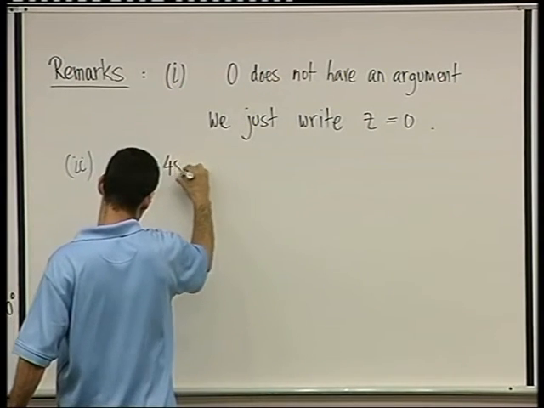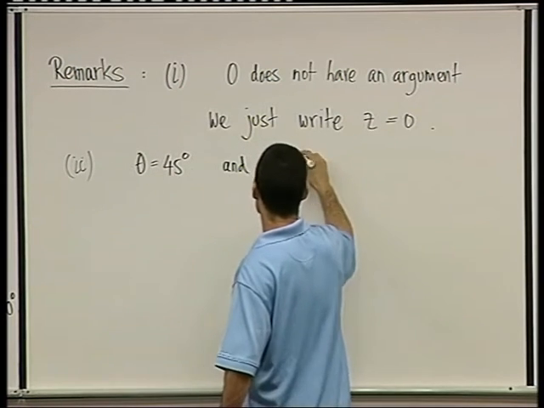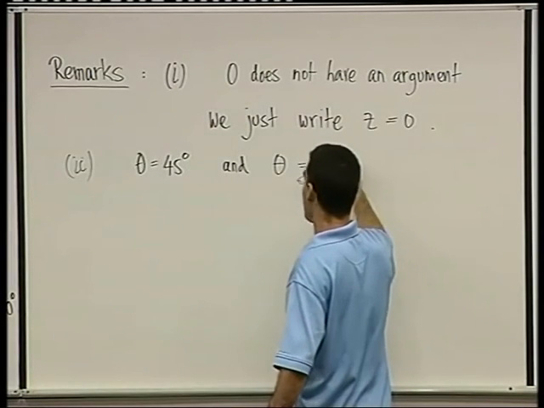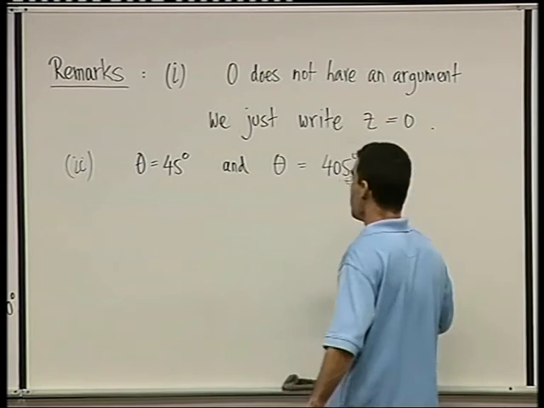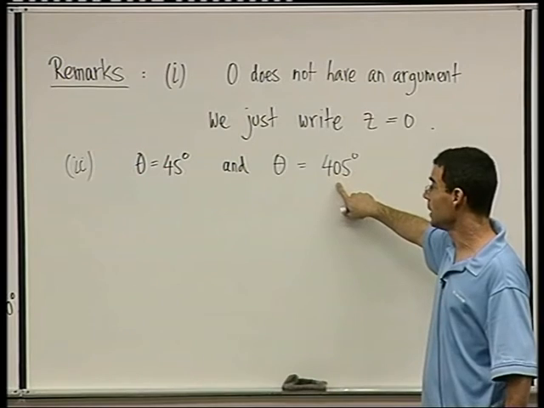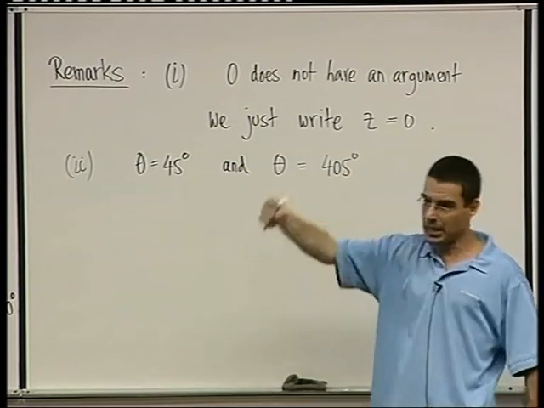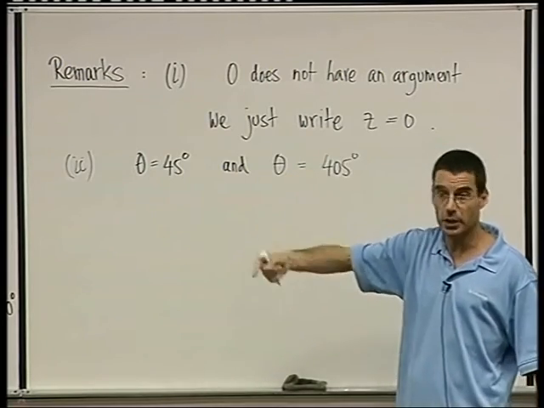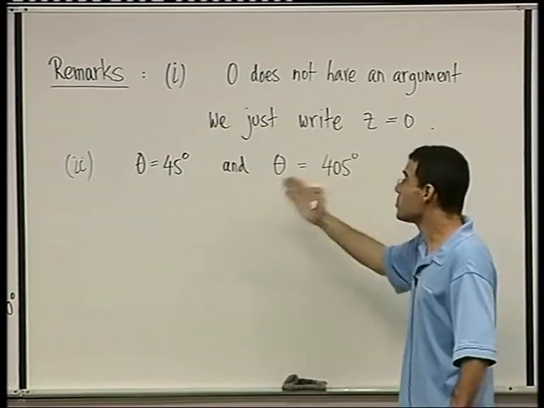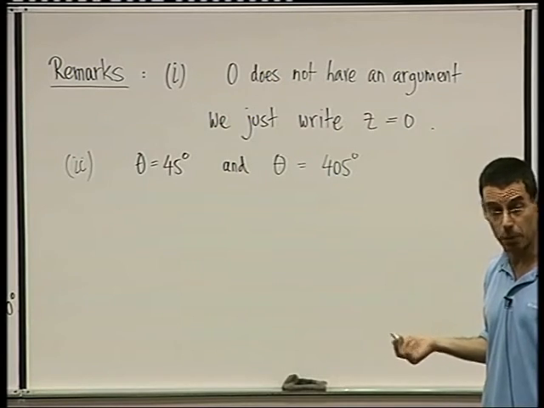Another remark is theta equals 45 degrees, and let's say theta equals 405 degrees. How did I get from here to here? I didn't just plug in a 0 in the middle. Right, I added 360. I added one complete circle, one complete rotation. Do you agree that these two numbers give precisely the same complex number in polar form?